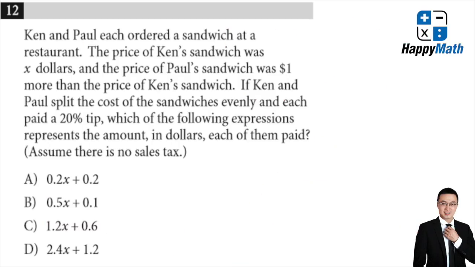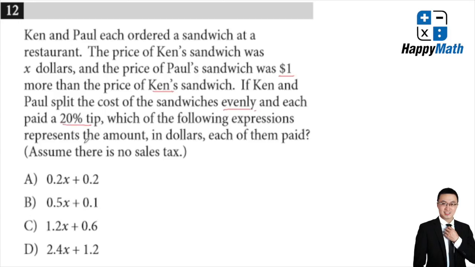Question 12. Ken and Paul each order a sandwich at a restaurant. The price of Ken's sandwich is $8. The price of Paul's sandwich is $1 more than the price of Ken's, and they split the cost of the sandwiches evenly, and each pays a 20% tip.